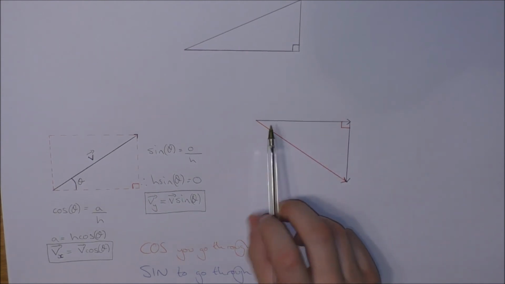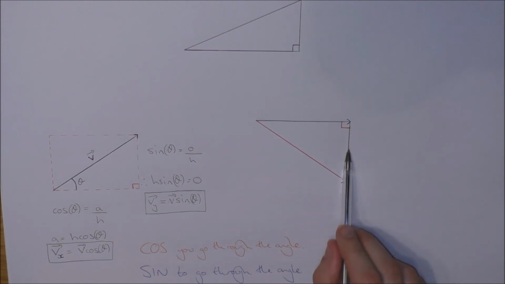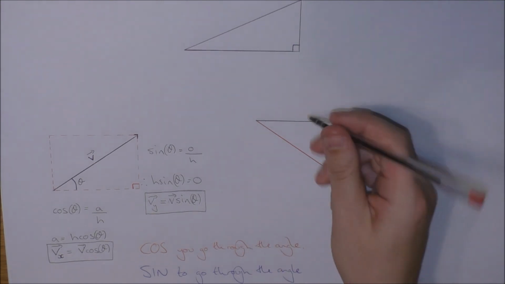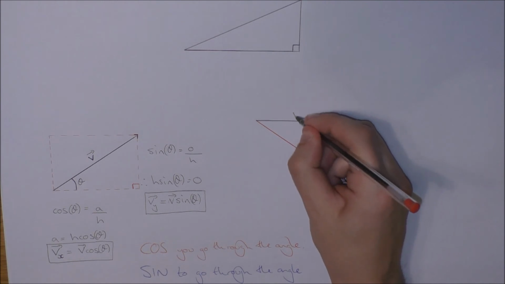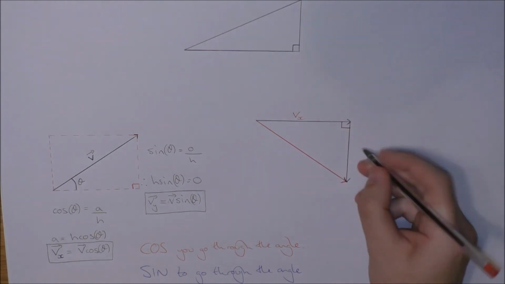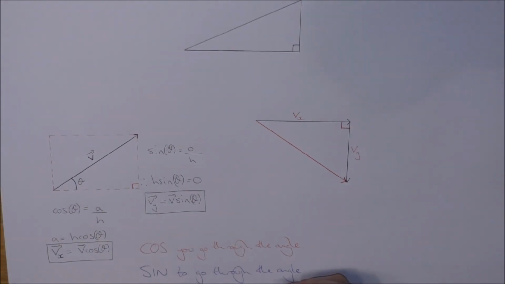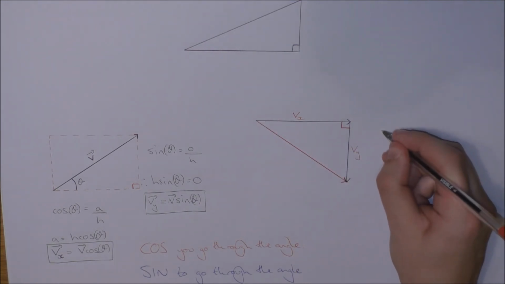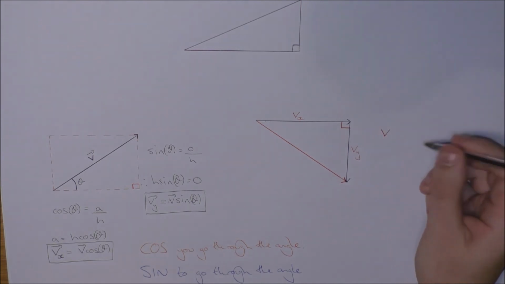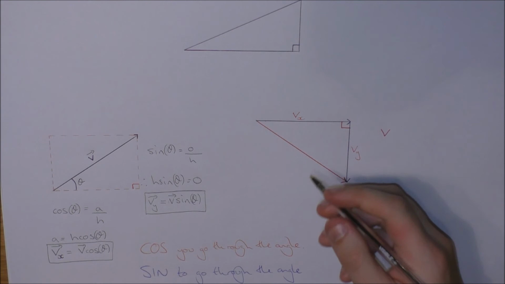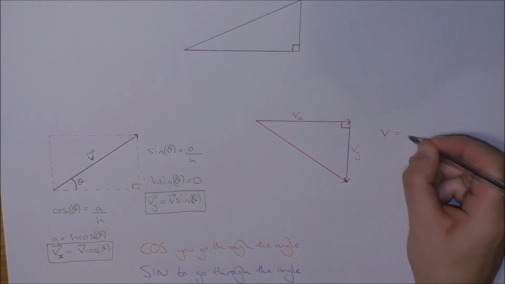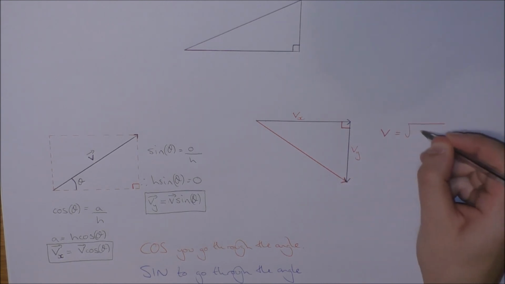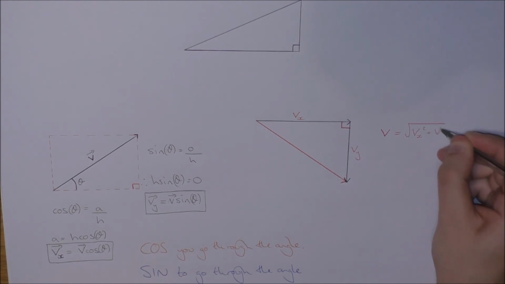So if I know the length of this and the length of this, if I was to say this is Vx and this is Vy, I can say that V, at least in magnitude, is equal to the square root of Vx squared plus Vy squared.